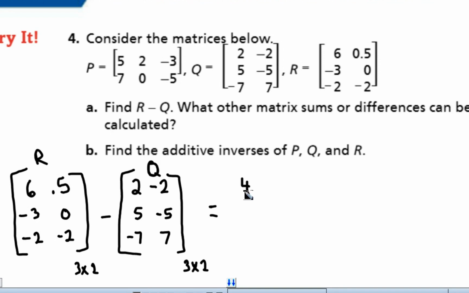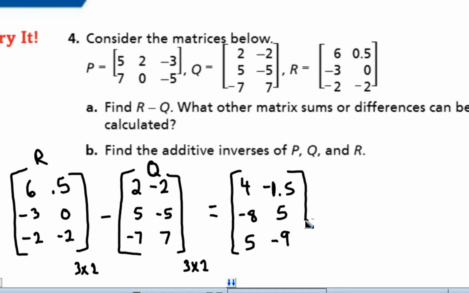That's 4. 0.5 minus 2, that's negative 1.5. 3 minus 5 is negative 8. 0 minus negative 5, that's positive 5. And negative 2 minus negative 7 would be negative 2 plus 7, also known as 5. And negative 2 minus 7 would be negative 9. So that's what you get for R minus Q.